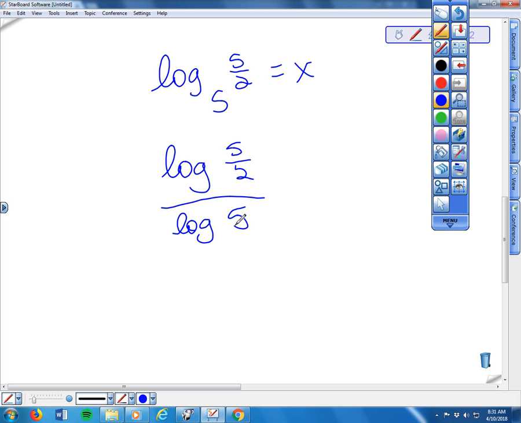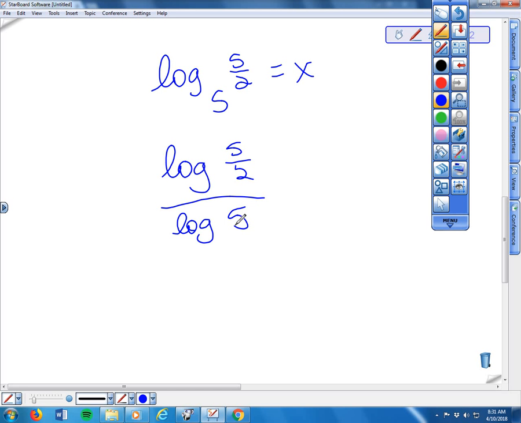Log of 5 halves divided by log of 5. And it's 0.569 about. Okay, so if they're not obvious integers, like 2 to the 5th is 32, 2 cubed is 8, 3 cubed is 27, if they don't just come to you, use the change of base formula. And you can solve them.